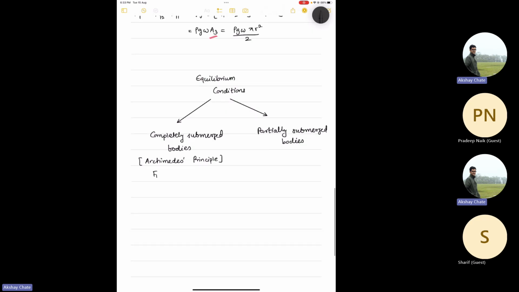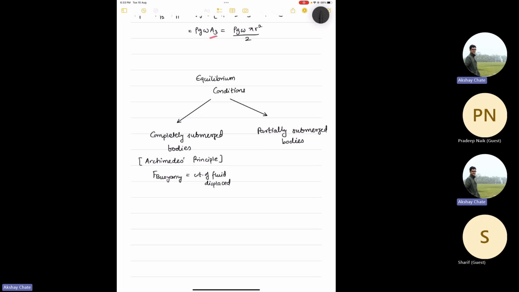What it says: the buoyancy force, which is the net vertical upward force acting on a fully submerged body, will be equal to the weight of the fluid displaced.